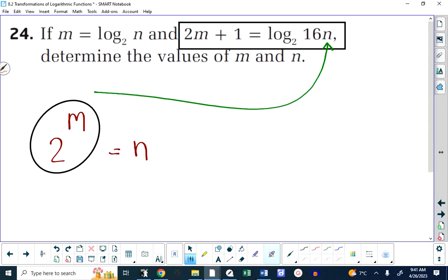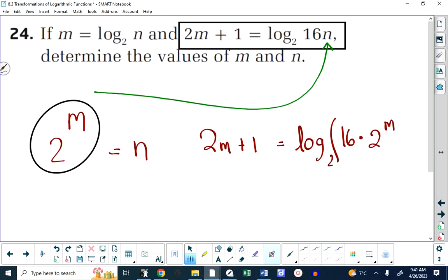So we end up with 2m plus 1 is equal to log base 2 of 16 times 2 to the m. Now, there are a couple of ways we can proceed from here. I think we should just put it into an exponential form.